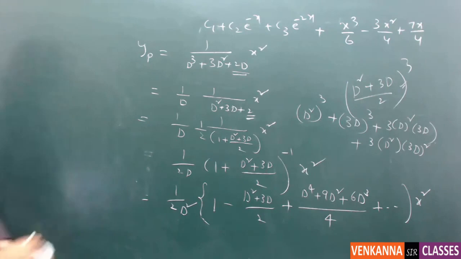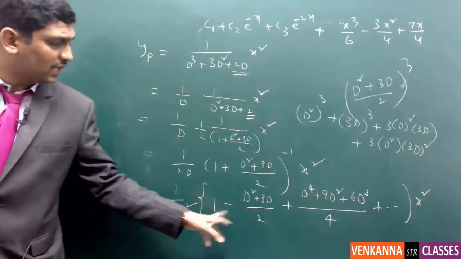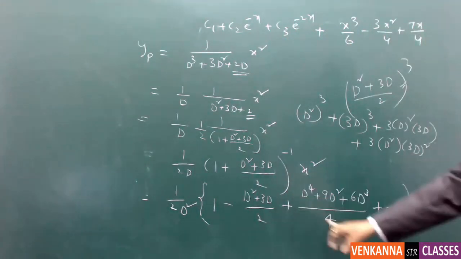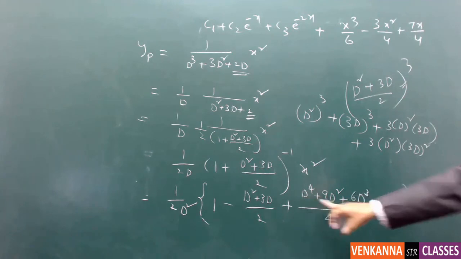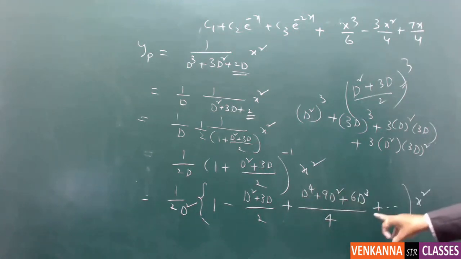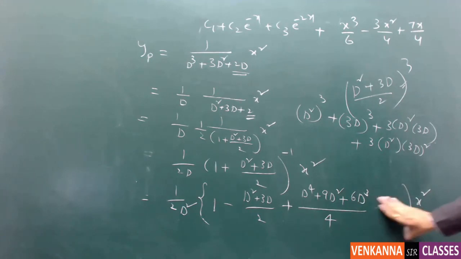So coming to this problem, by applying the expansion here, 1 minus x plus x square. So 2 square is 4, x square, d power 4 plus 9d square plus 2ab means 6d cube. Other terms of x square are neglected here.